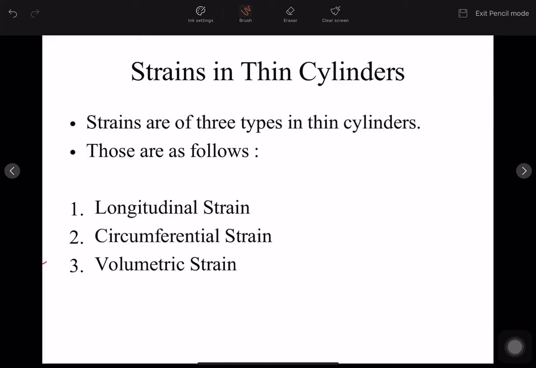We have seen 3 numericals till now. I hope you are familiar with those things, because those are the basic things you need to understand before going into the next topics.